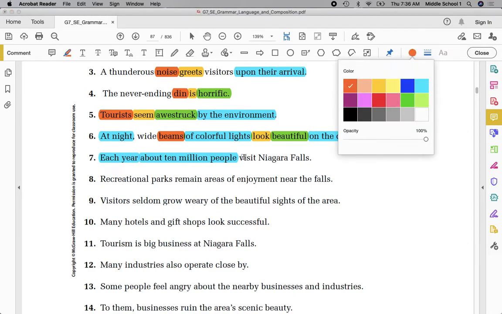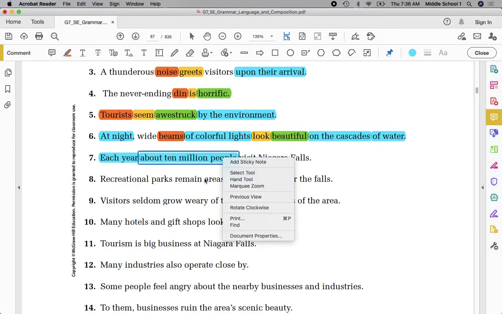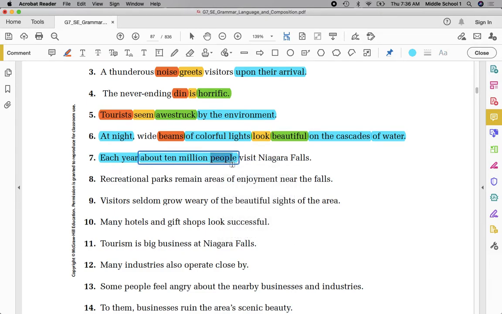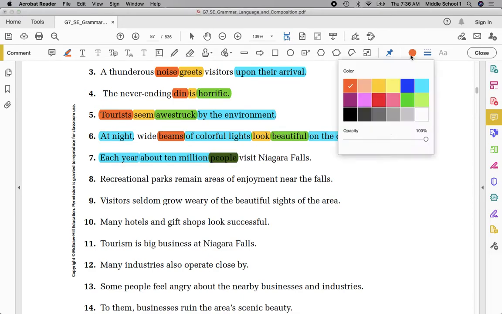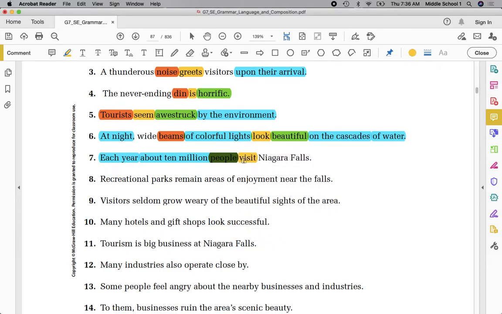My sentence is really talking about people. People visit. People visit what? Niagara Falls. People are Niagara Falls? People is Niagara Falls? Nope. That is a direct object. That is not going to be a predicate noun or predicate adjective.